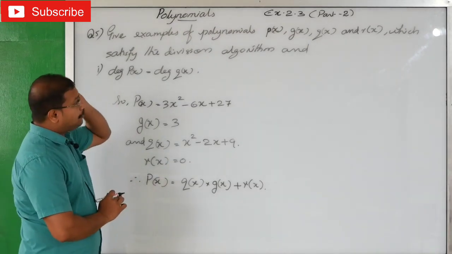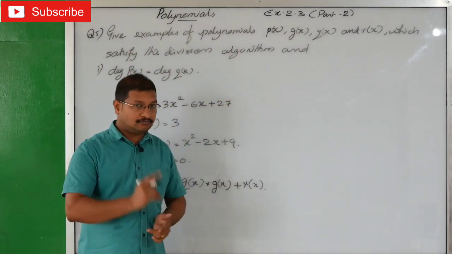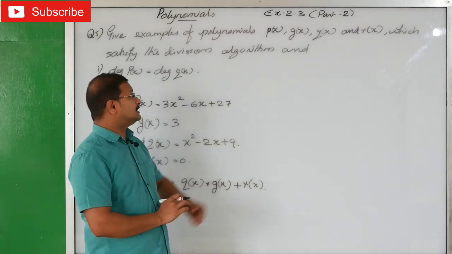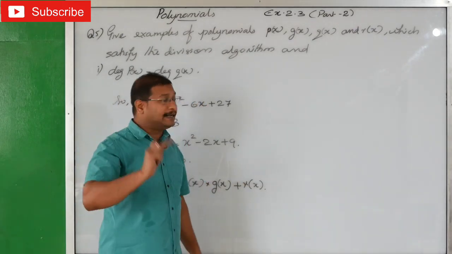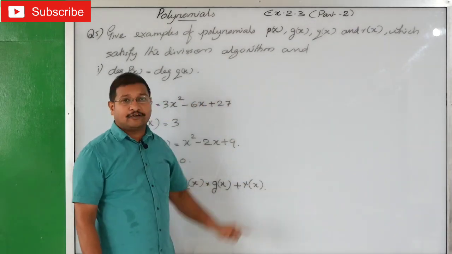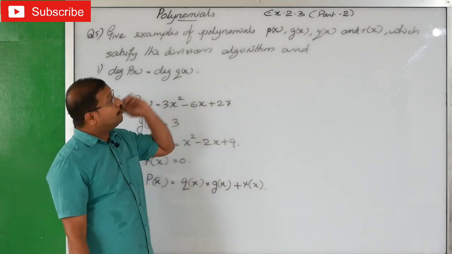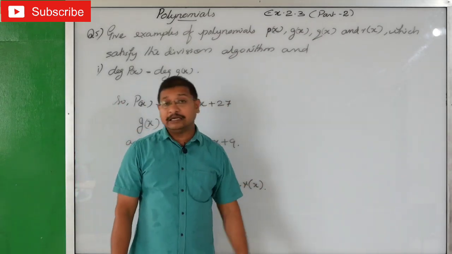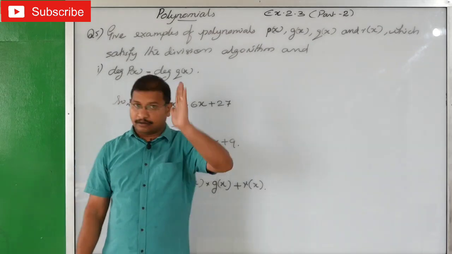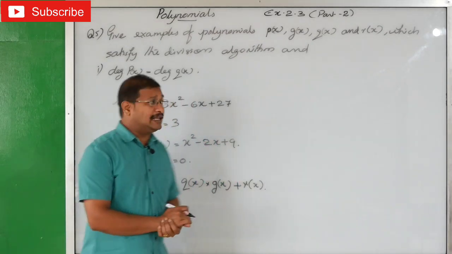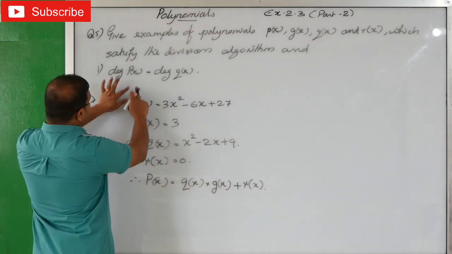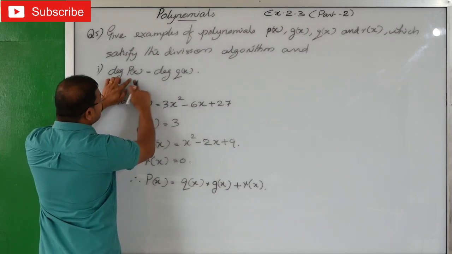First we have to understand p of x means dividend. p of x equals dividend and g of x equals divisor, q of x equals quotient and r of x means remainder. Ready? And it's given dividend and divisor degree should be equal.